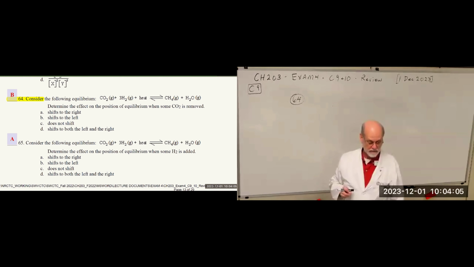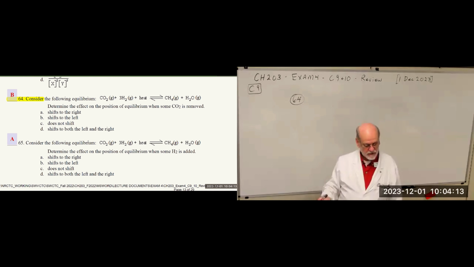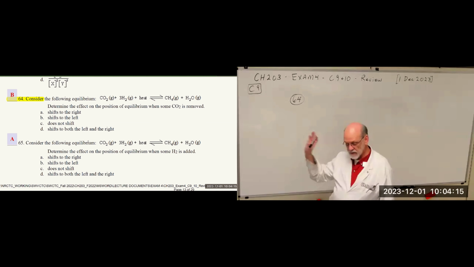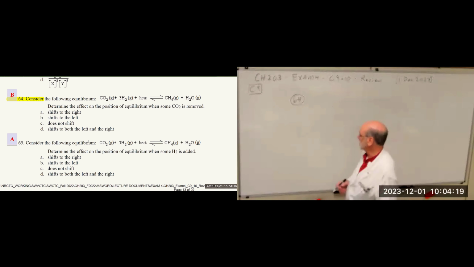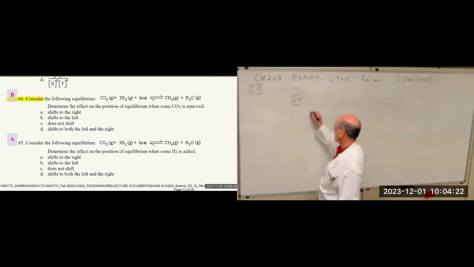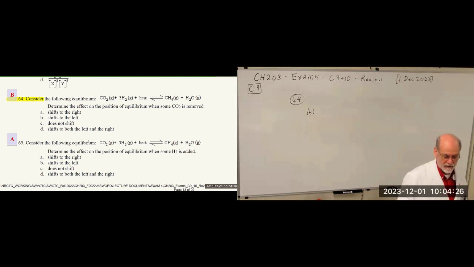That's simple. If you remove CO2, that changes its concentration, right? Since it's a gas, you change its concentration, shifts the equilibrium to the left. Now, that's an important point to make here. When we say shift to the left, shift to the right, if you can't reference a balanced equation, that expression means nothing.